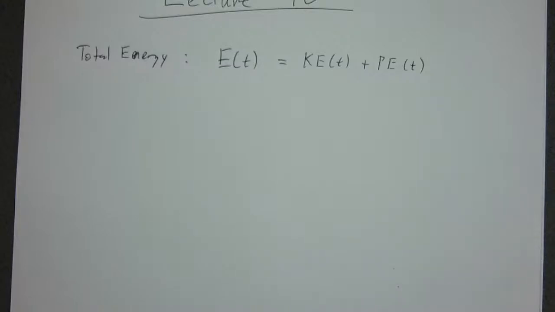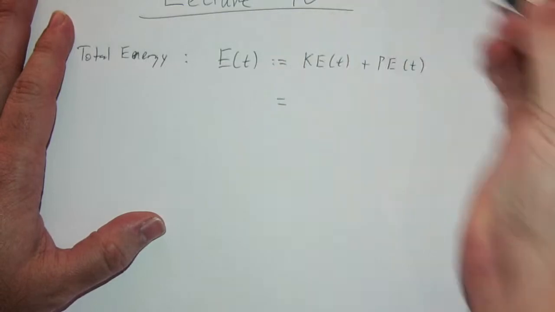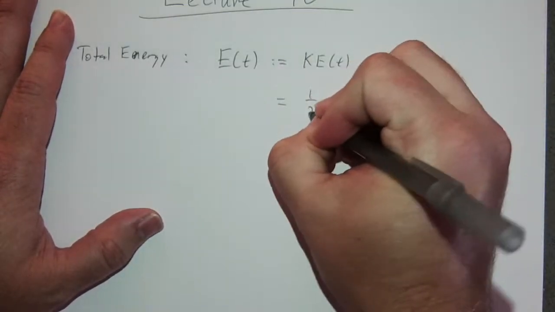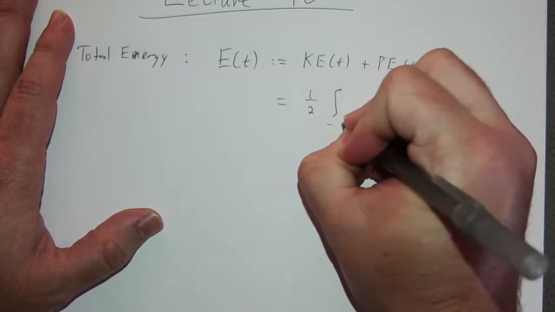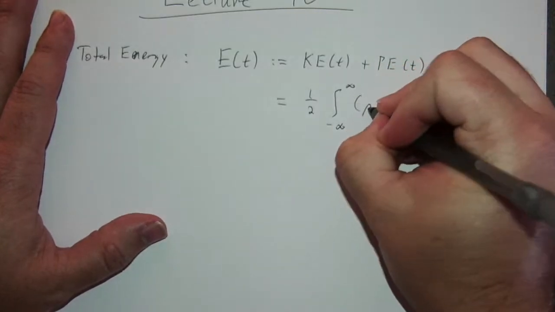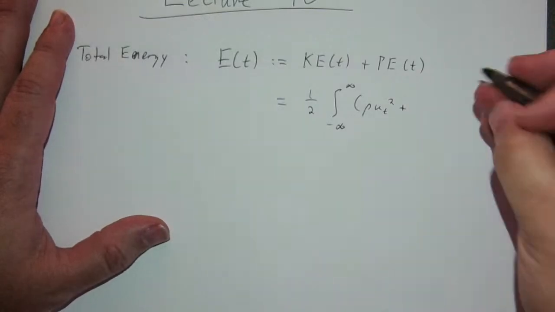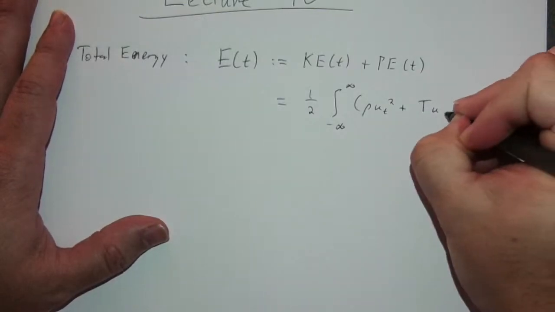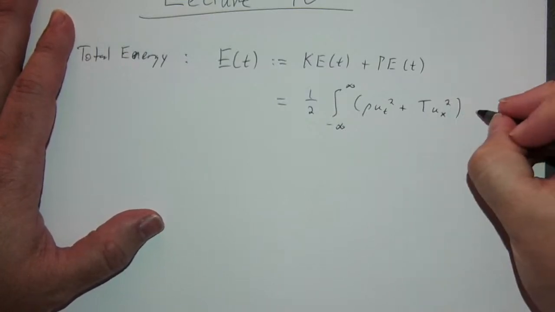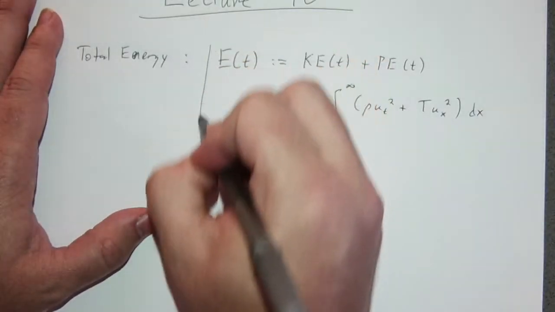I'm going to write these together as, so this is how the total energy is defined. These two things written together, this is 1/2 times the integral from minus infinity to infinity. The kinetic energy term is like rho u sub t squared plus T u sub x squared dx. Okay, there's my total energy.